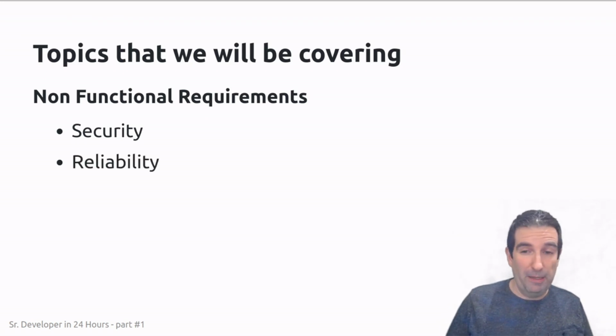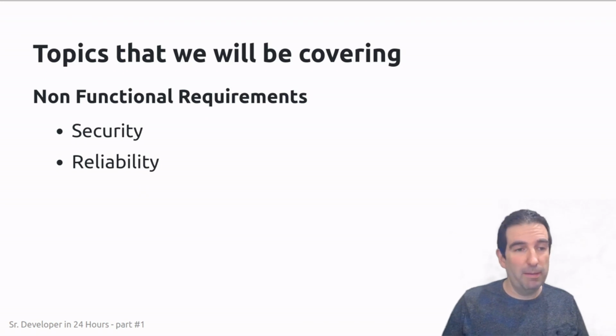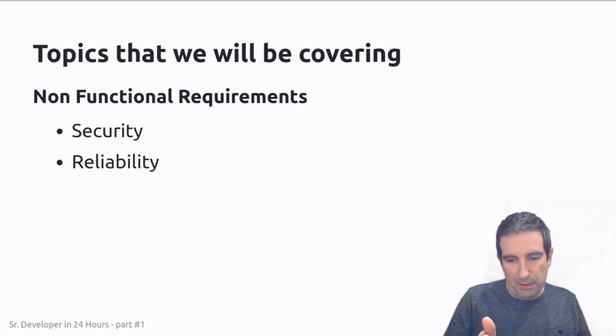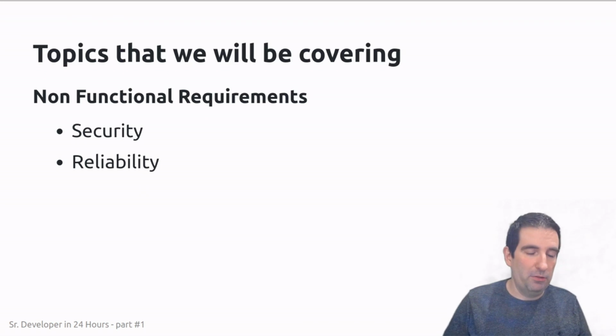Does it even work reliably or not? How can we build software that is reliable? How can we measure reliability? What is the right level of reliability that we want to achieve to ensure that we find the right balance between reliability and being able to make changes to the application?